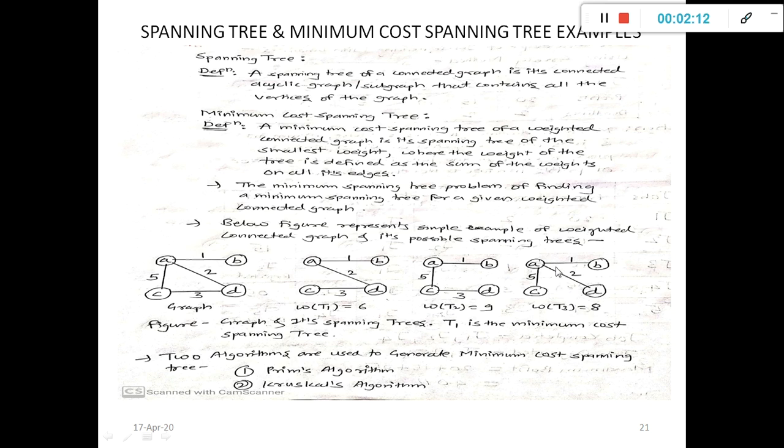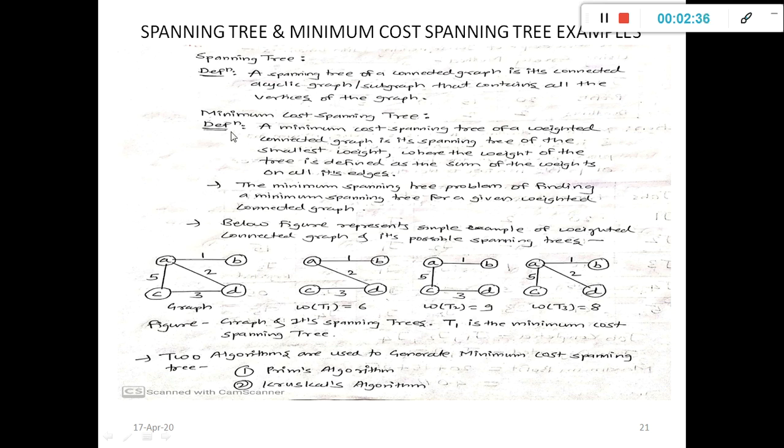It also includes all the vertices A, B, C and D, and the edges are from A to B with distance 1, from A to D with distance 2 and from A to C with distance 5. So, for the given weighted connected graph, multiple spanning trees are possible as discussed in this example.